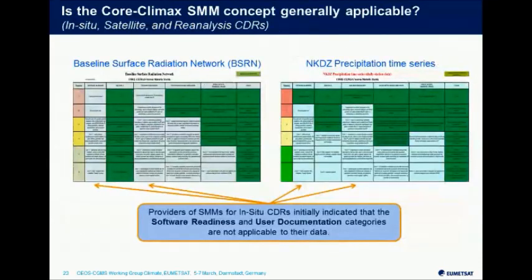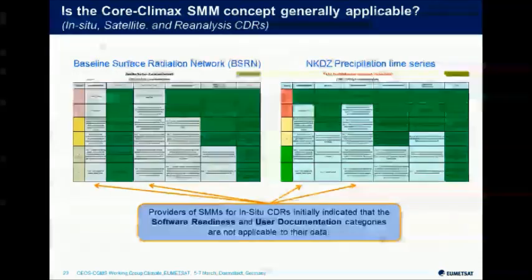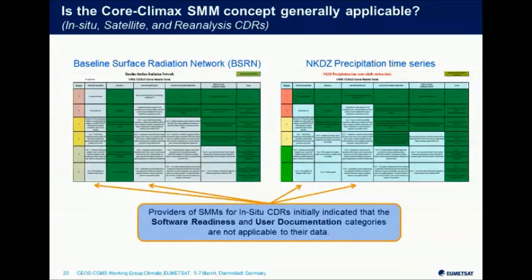And one thing we clearly noticed, for example, in our workshop in Darmstadt, is the difference between satellite data and in situ data. In situ data set developers get very low scores in the first column, that is the software part, and also in the user documentation.